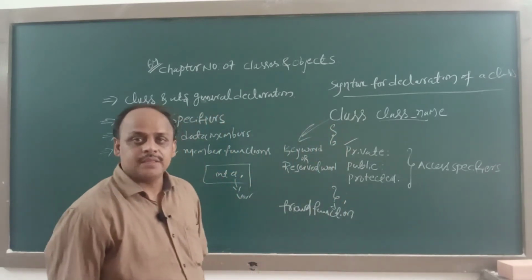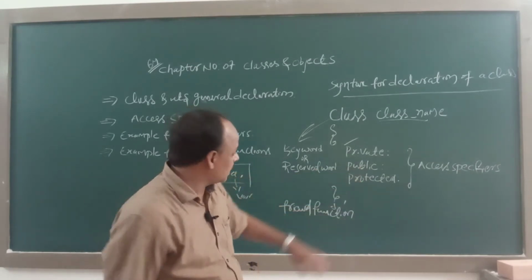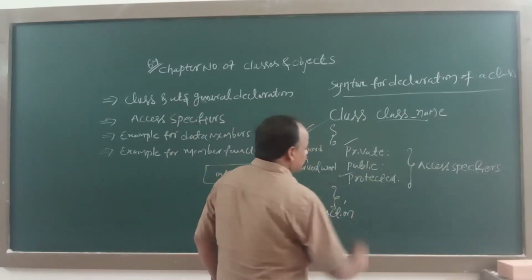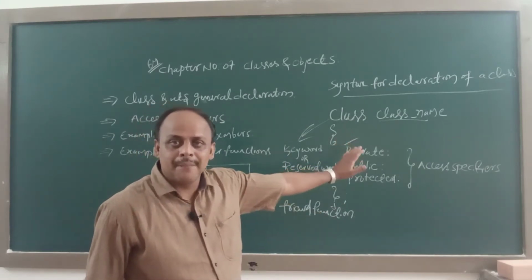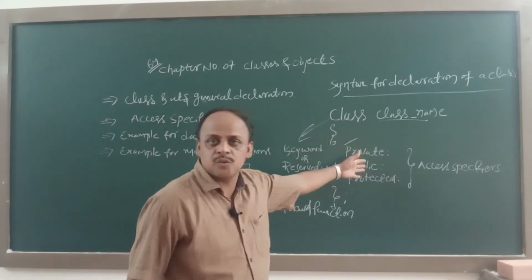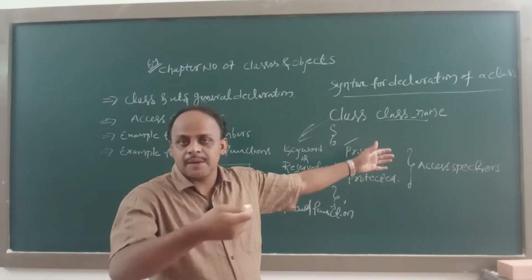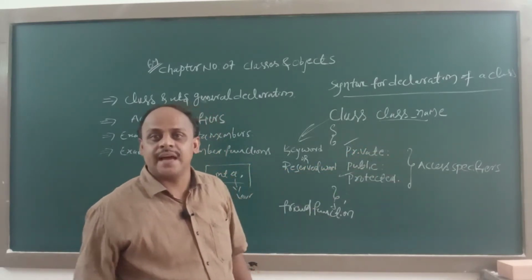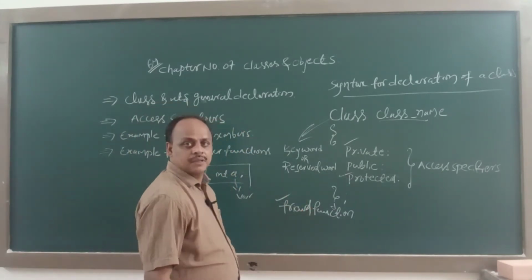If we declare members of a class under the protected access specifier, those members must be accessed within the class only. They cannot be accessed outside the class. Those things can be accessed outside the class with the help of a special function called a friend function.